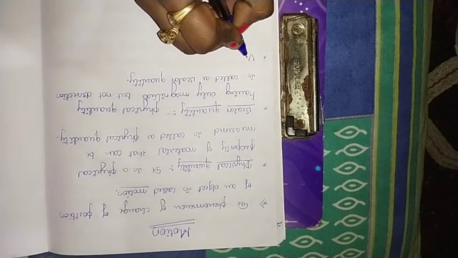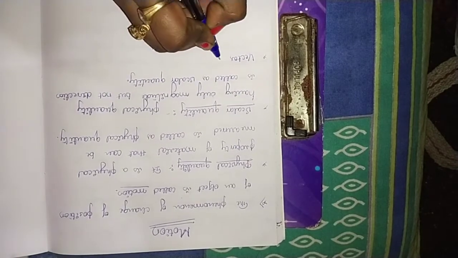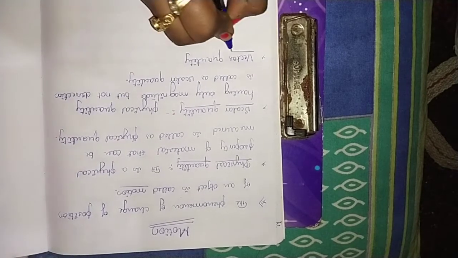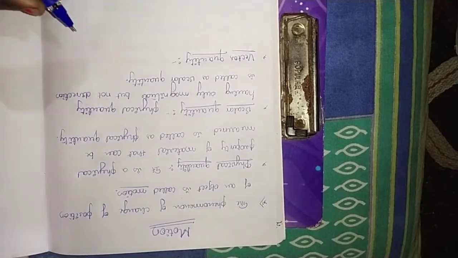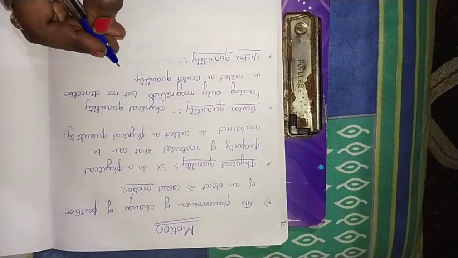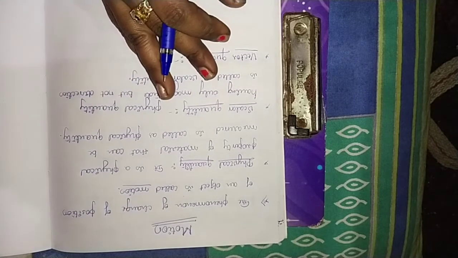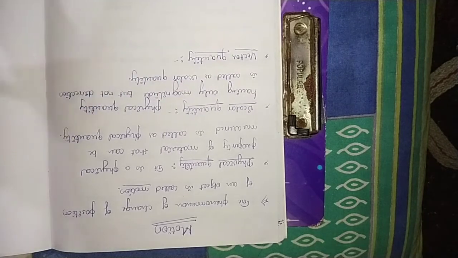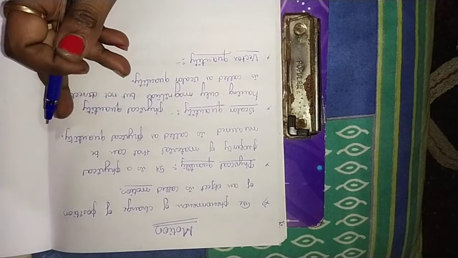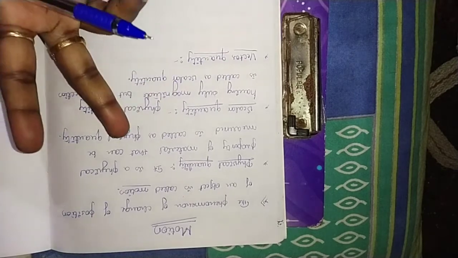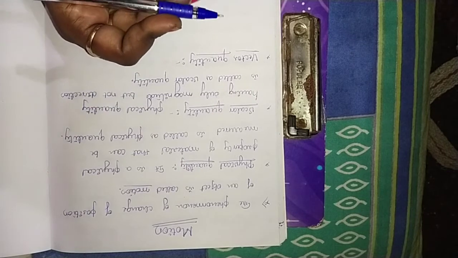And vector quantity. A vector quantity is a physical quantity having both magnitude as well as direction. In scalar there is only magnitude, but here there is magnitude as well as direction, both. That we call a vector quantity.